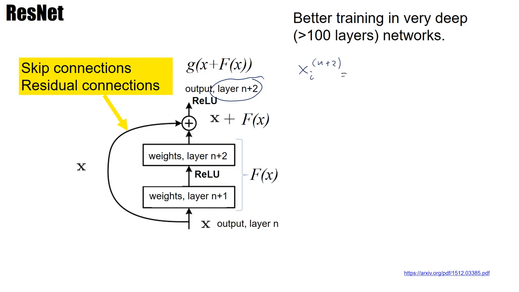Then this neuron has some ReLU nonlinearity denoted by a g here, and it gets direct input from this neuron in layer n with the same index, and then it also gets the input via this function f of x, the component i of this function f of x, and this is a function of the whole vector in layer n.